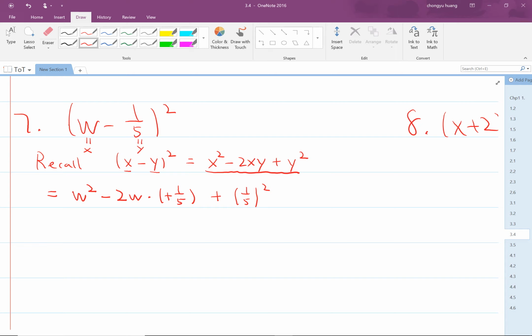As the property said, we have x squared, and x is equal to w, so it's w squared minus 2 multiplied by x, where x is w, and then you multiply y. y is simply 1 over 5, and then we have plus y squared.